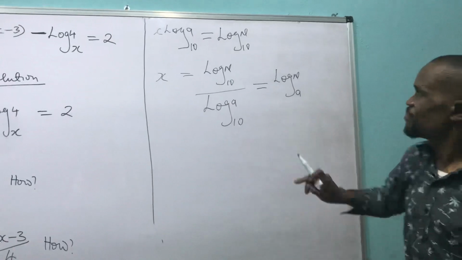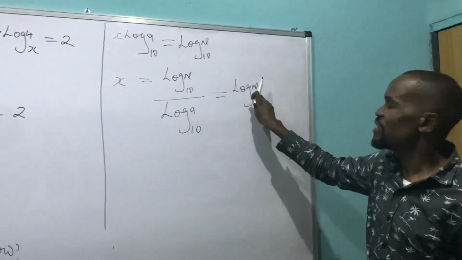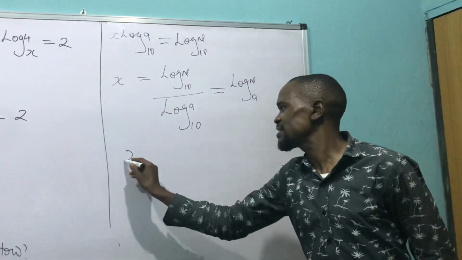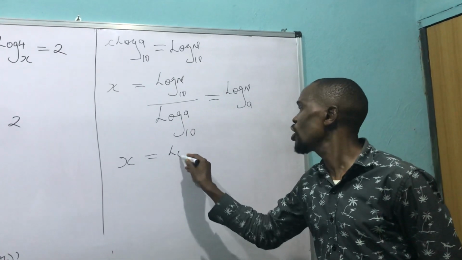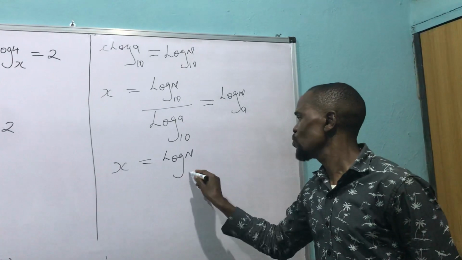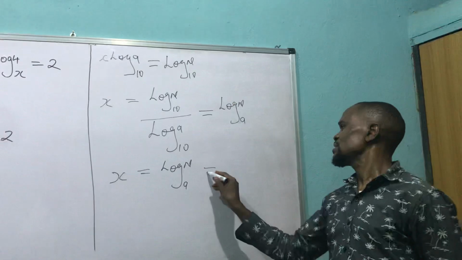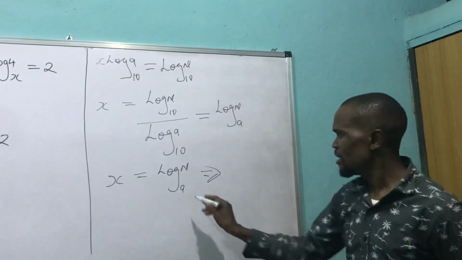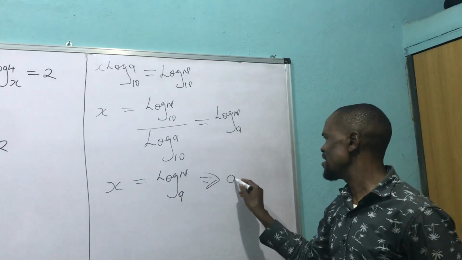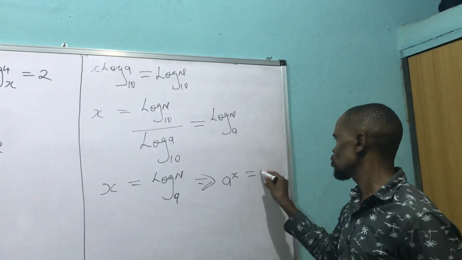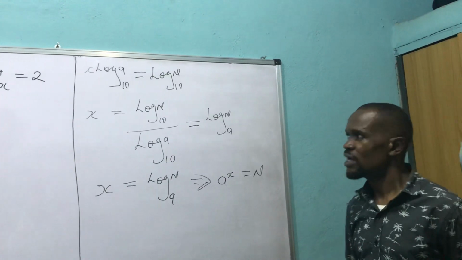This means that x is equal to log n base a, which you can translate into indices by saying that a raised to power x is equal to n. I think we'll get it right now.